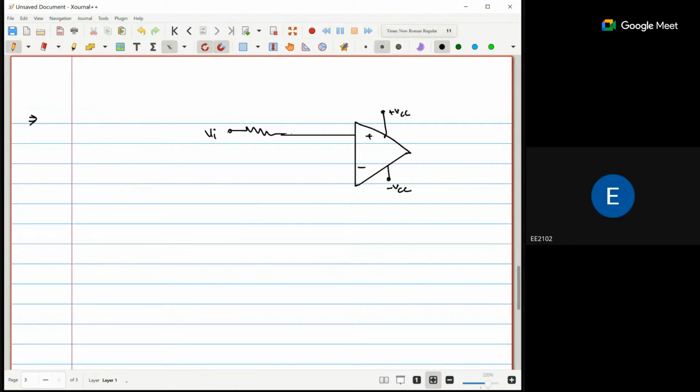On the negative terminal, ground. This resistor, this output voltage, and what we are getting is V out equals VI times 1 plus RF by R1. There is no effect of the RS.